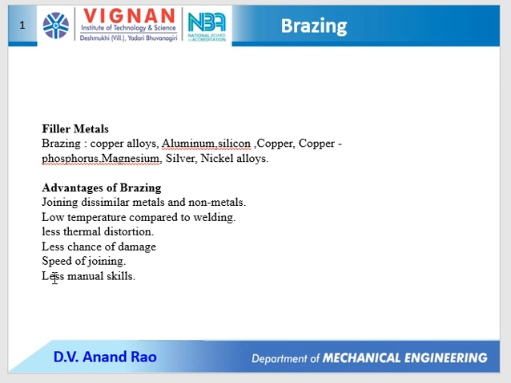And the remaining advantages like speed of joining will be more, less chance of damage, less thermal distortion between the two workpieces, and low temperature compared to welding. Joining dissimilar metals and non-metals also we can do in case of brazing, like soldering process, and less manual skills required in case of brazing. These all are the advantages of brazing process.